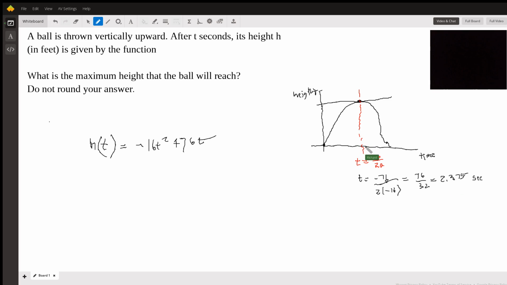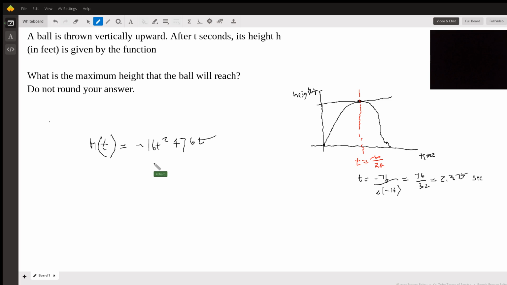So all I need to do now that I've found this x value, 2.375 seconds, is plug that into the function for the height and get the height, and then I'm done.